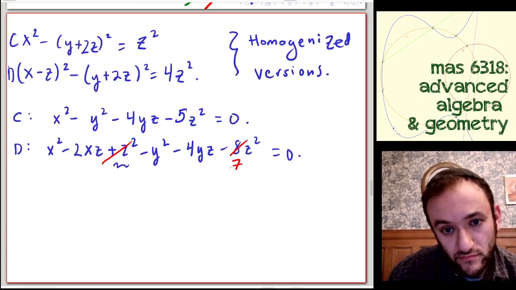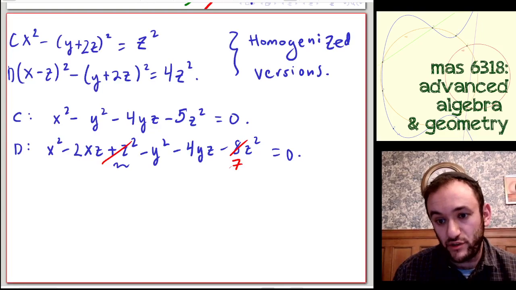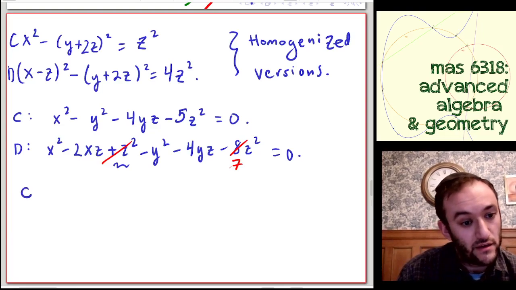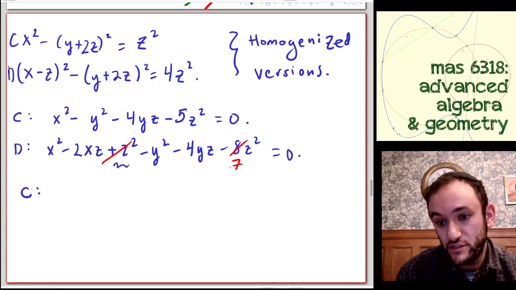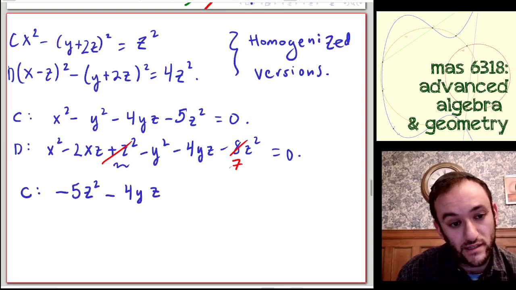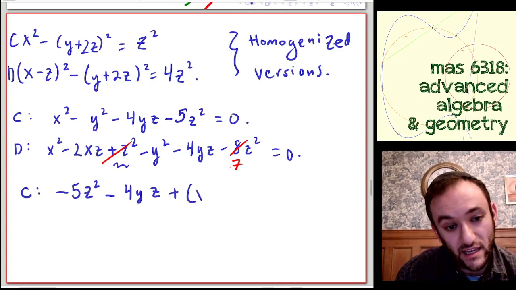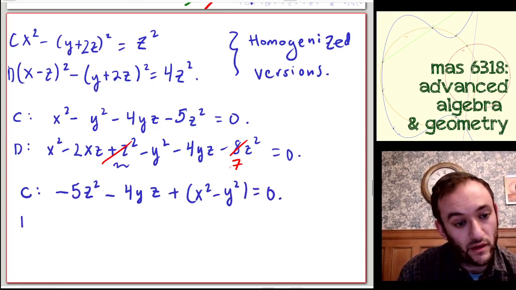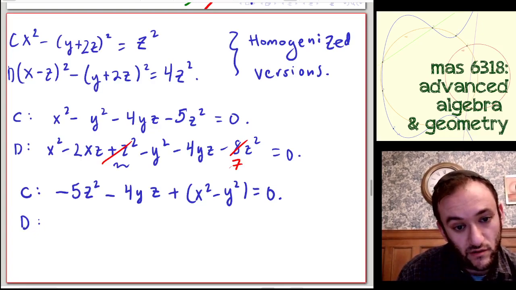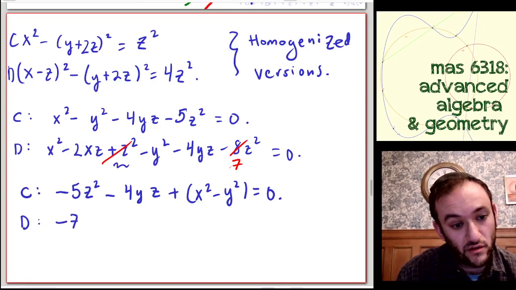Okay. And now, if you remember how we compute intersection multiplicity, we want to express each of these as polynomials in z. Okay? So c, we want to take first the highest degree z term. We get minus 5z squared. Then the next highest is minus 4yz, because we've got a degree 1 z term. And then the remaining is x squared minus y squared. As for the second equation, again, we're grouping things according to the degree in z.